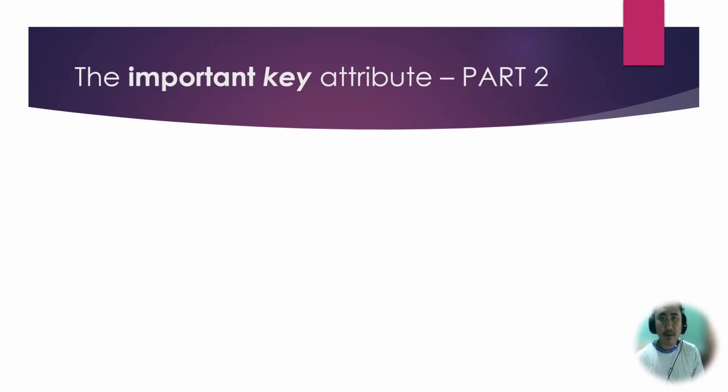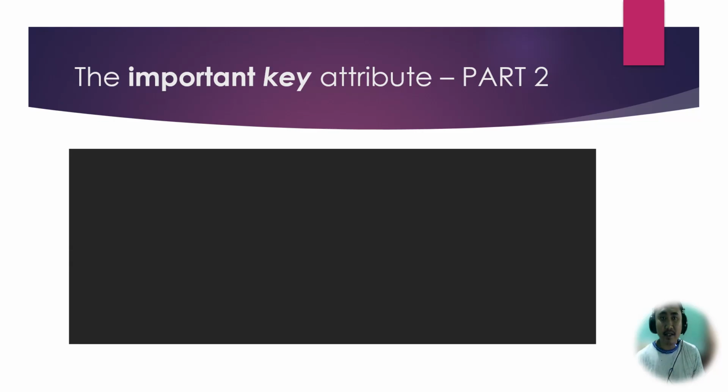Sometimes when we face real data, the data did not have any unique value that can be used as a key. So what is the solution if we found this case?